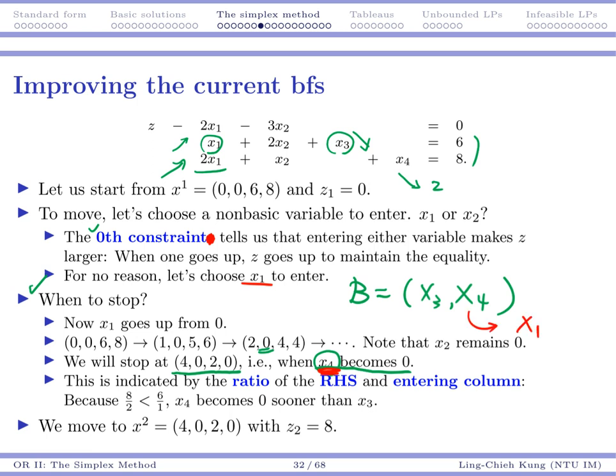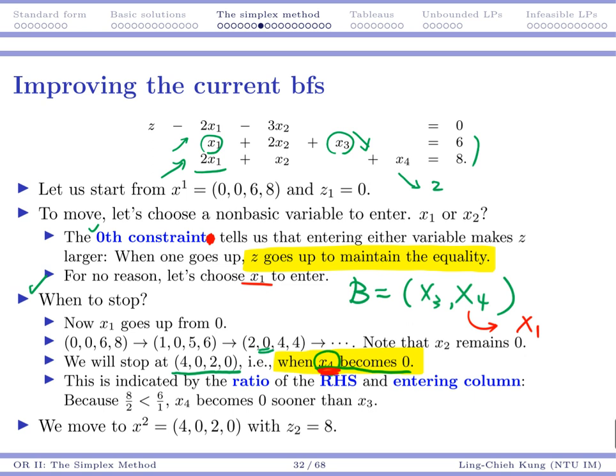And if you go back to see what we were trying to do, we first see which entering variable may benefit the objective function, and we see which basic variable hits 0 first. That allows us to do all the checking and all the determinations.